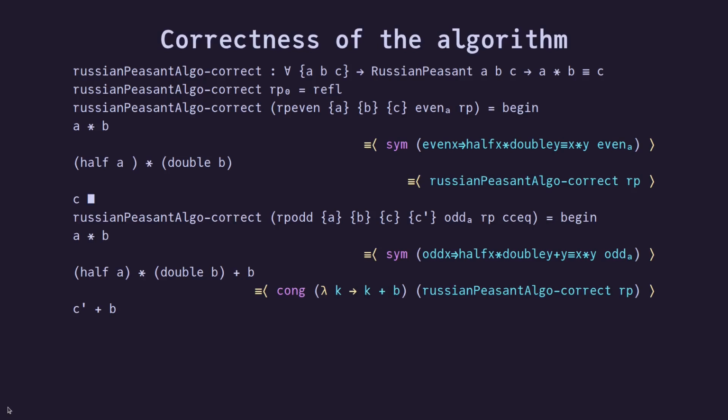But we captured the relation between c prime and b in the form of this witness, c equals c prime plus b, which gives us c. The correctness proof is just a replay of the algorithm step by step. The data type guarantees that no other cases exist, and the proof follows that structure exactly.